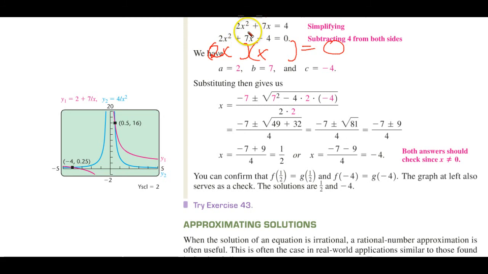You need sort of an 8 in the middle, so there's a 4. And this will need to be positive. This will be negative. So there's your positive 1/2 out of there, and there's your -4 out of there. Again, factoring would have been much easier, but you may not have known that that could be factored. And they asked you to do it by the quadratic formula anyway.